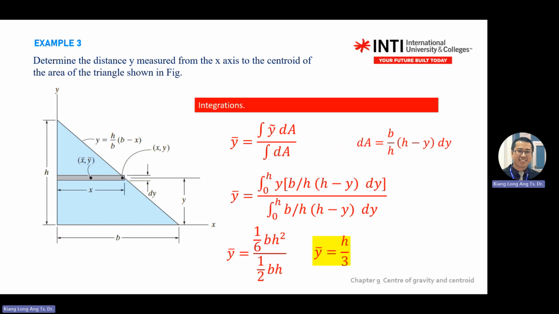So that's why every time we see a triangular, we always calculate from the base, 1 over 3 from the base. You have already seen this equation when you look at distributed load.